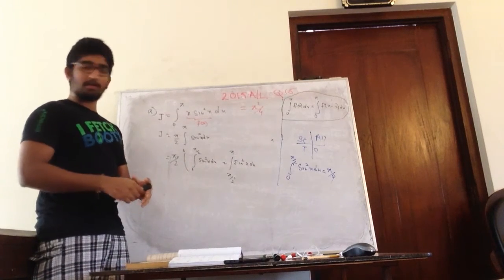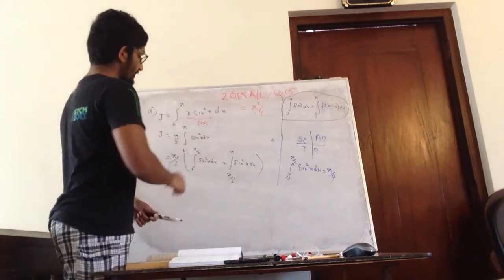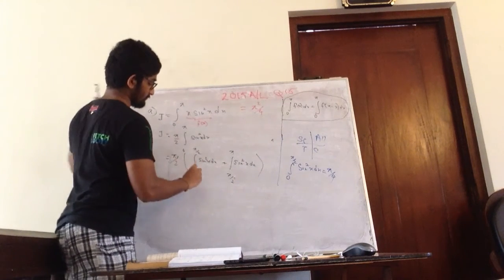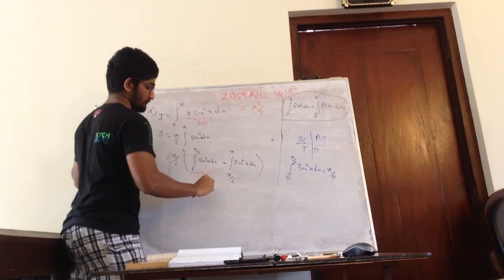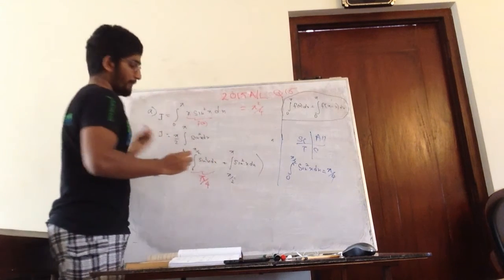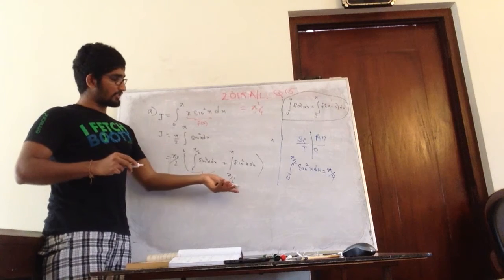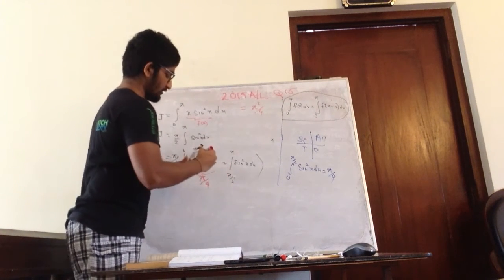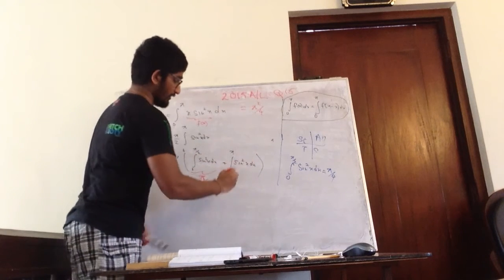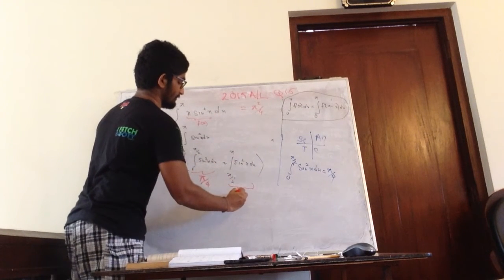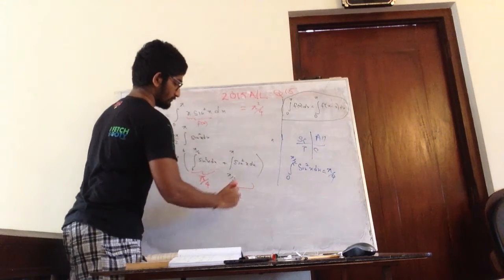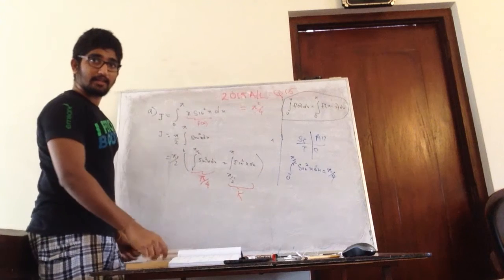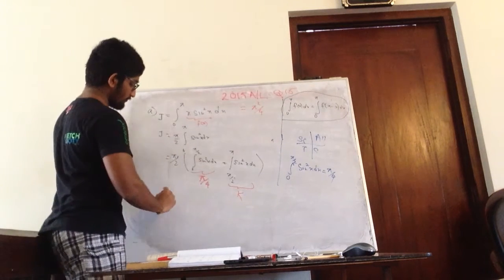Basically I know the answer for the first part, but I don't know the answer for the second. I am going to name this K. So I need to find K.